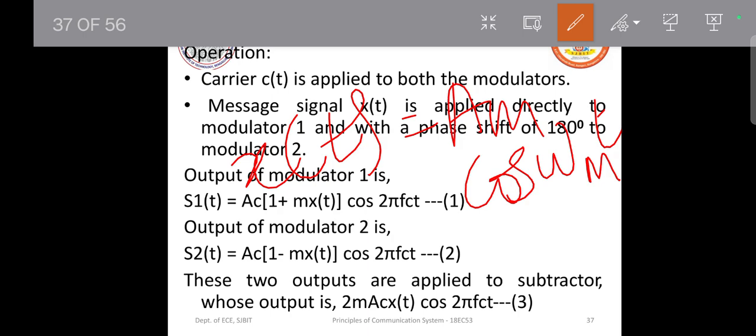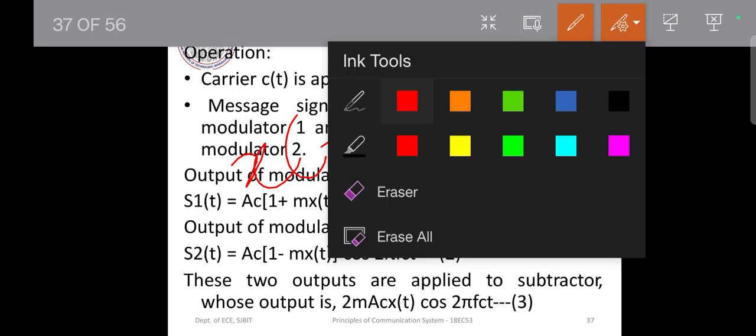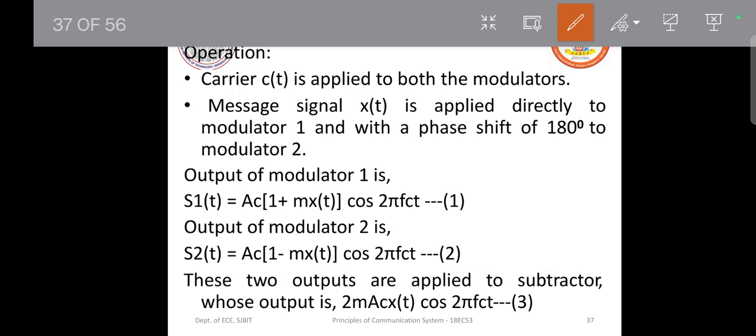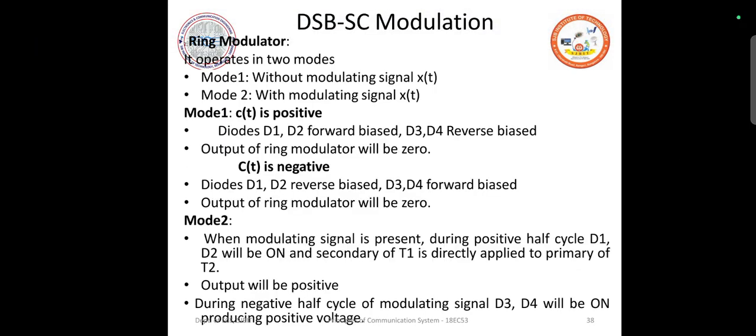The a plus b term is nothing but cos of omega m plus omega c times t, and the next term will be cos of omega c minus omega m into t, which is nothing but your DSBSC signal. Okay, so what is the ring modulator? It operates in two different modes.